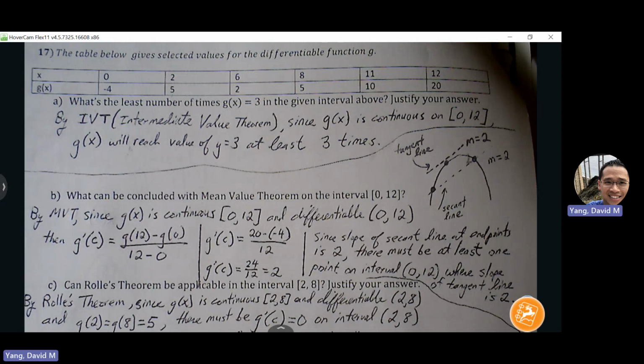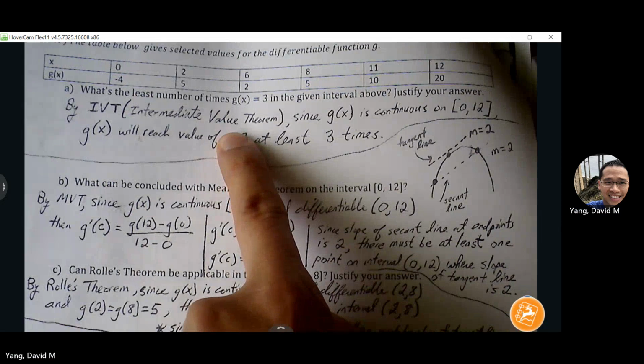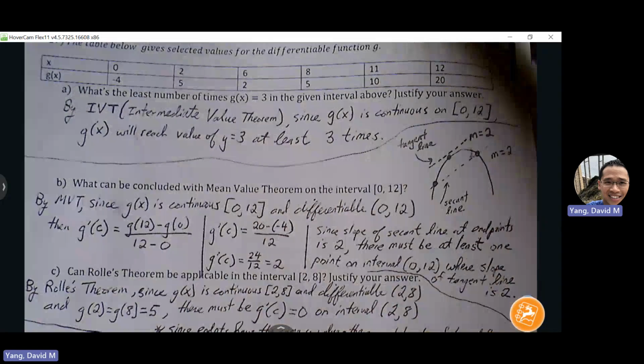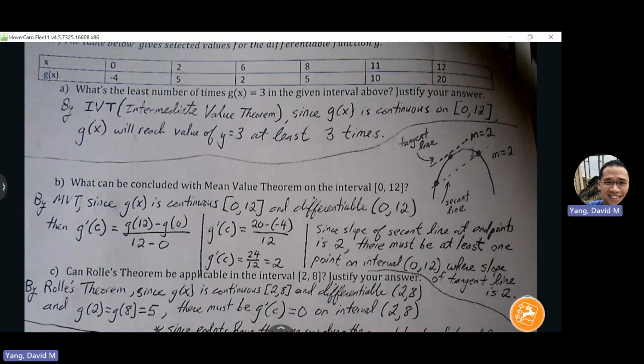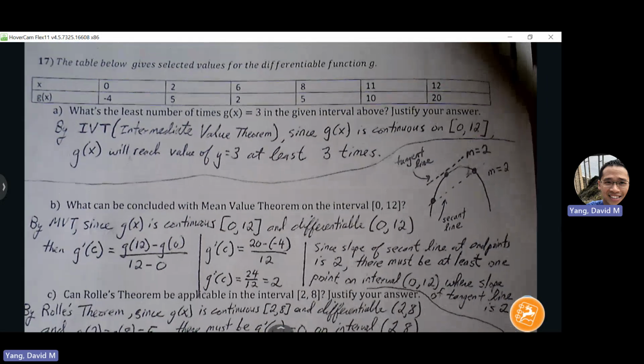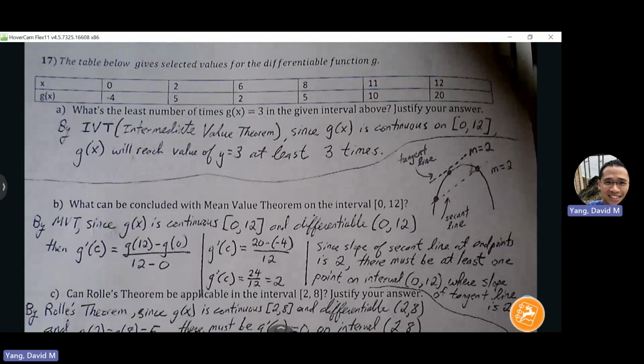So I understand that it would be 3 times because if you have a number up here and a number down here, it has to be connected. Differentiable. Well, it doesn't have to be differentiable, just continuous for IVT. Right, but it says that function G is differentiable, which means it's continuous too. Yeah, you're right.